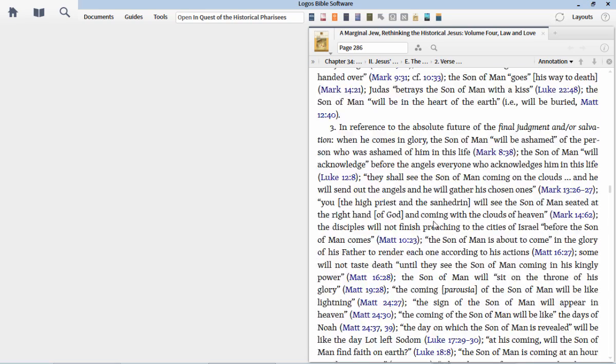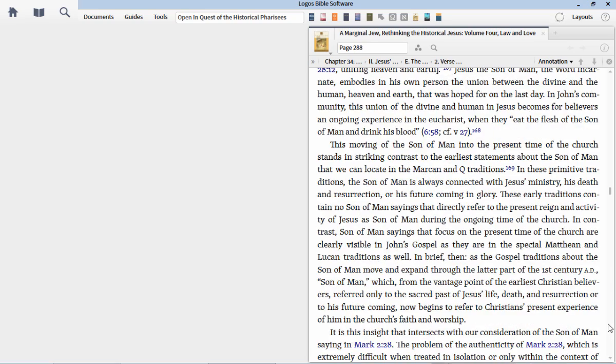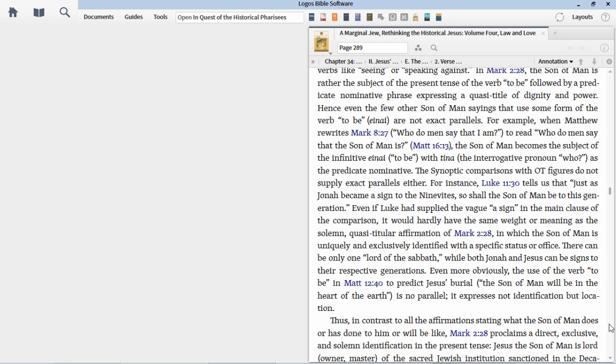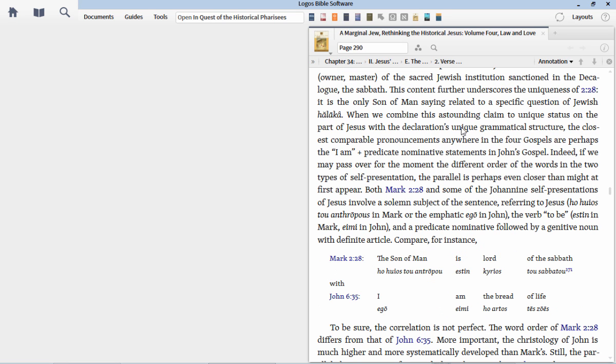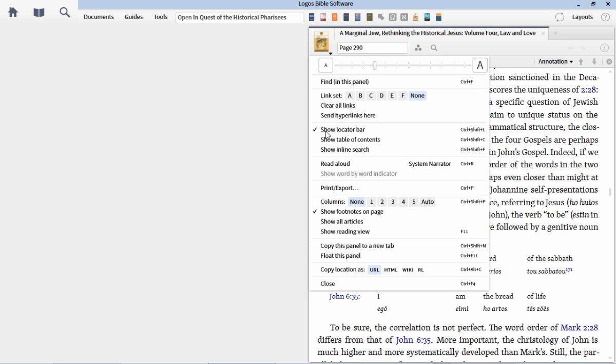There's a lot of discussion here in John Meier's Marginal Jew about Sabbath keeping. By the way, if you want to navigate a little bit fast in your books, if you happen to have underlined things in your book before, maybe on your iPad you've done some underlining or highlighting, or on the computer, if you want to find the next annotation, make sure you're showing the locator bar.